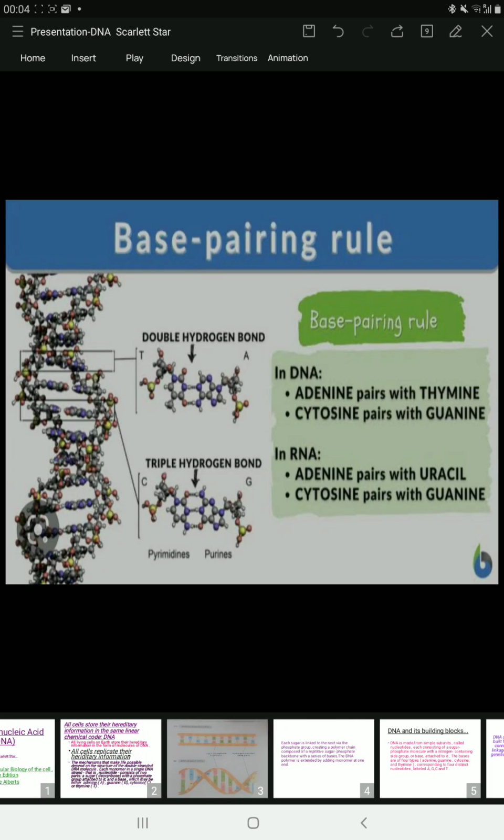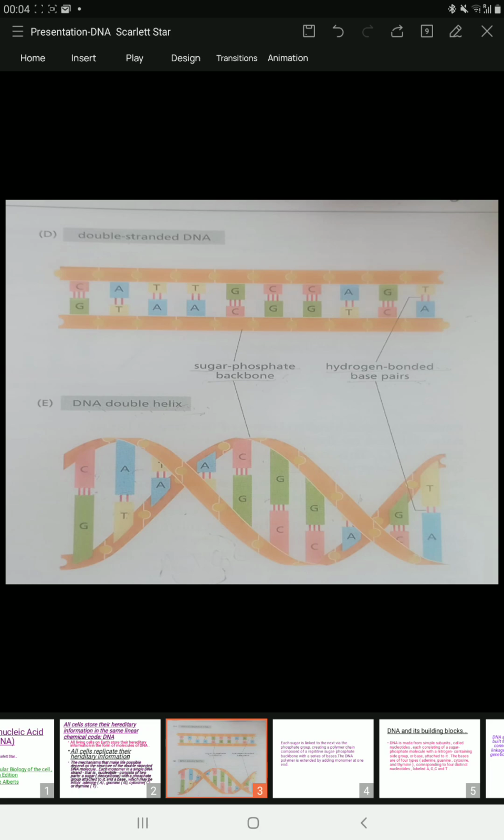Means if we take the backbone of the DNA, it is going to contain the sugar phosphate backbone, and the inner part of the DNA is going to contain the nucleotides, AGCT content.